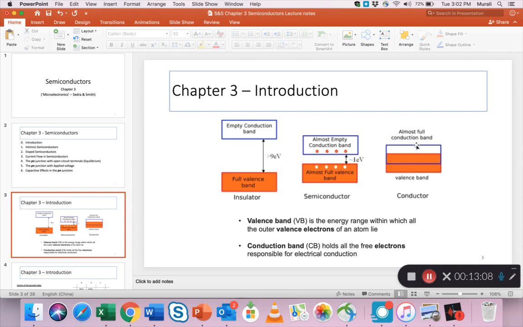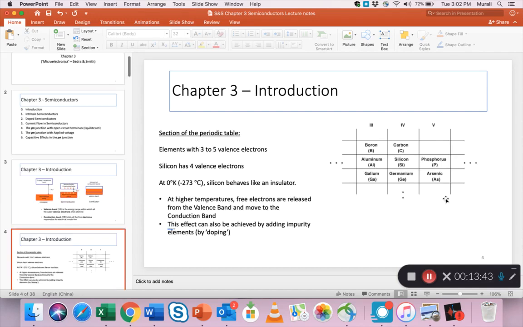Okay, so the reason we like semiconductors is because they are not full conductors and they are not full insulators, and the fact that we can control how much electricity they will allow to flow at any given time, by artificial means, is what gives semiconductors that great power that we use to benefit us in the electronics industry.